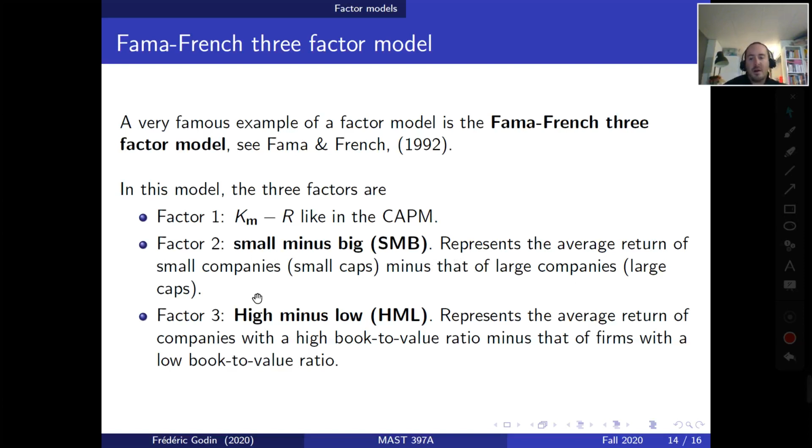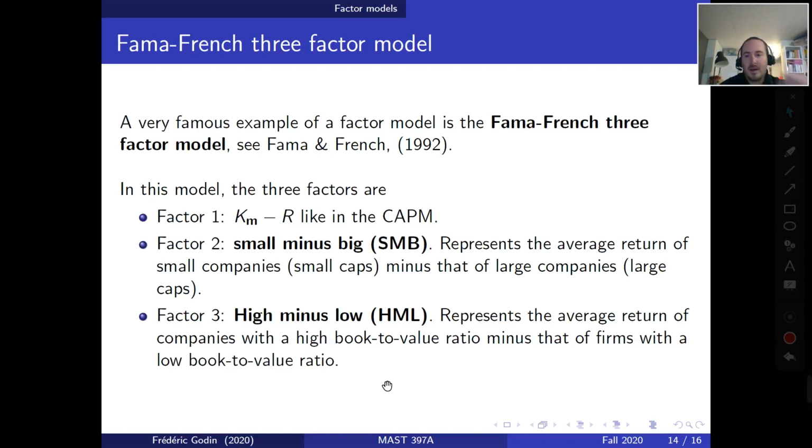And finally, the third factor is high minus low, which is the average return of companies with a high book to value ratio minus the average return of firms with a low book to value ratio. So what's a book to value ratio? We'll describe that in the next slide.